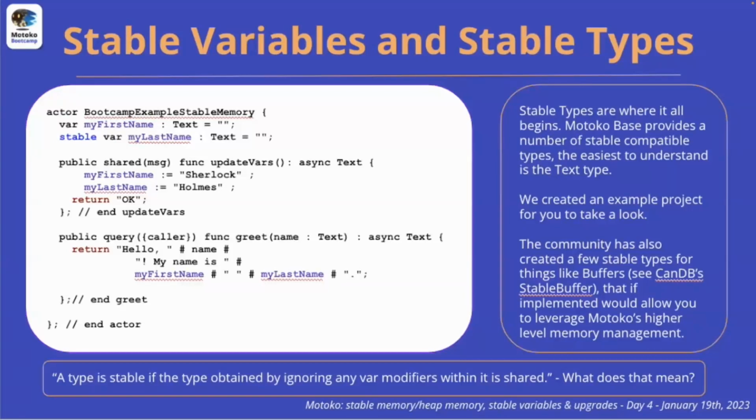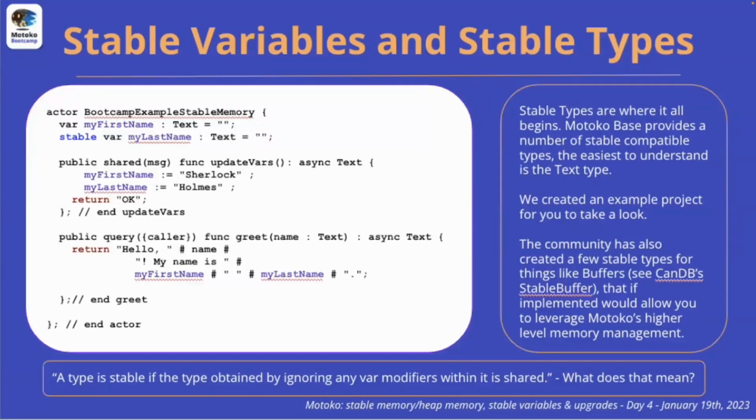So on the slide right now, we have the beginning of a very simple example that I put together, and after I talk a little bit about this, we're going to switch over to the command line and VS Code, and we're going to actually run a deployment and watch as we make some changes what happens to our data.